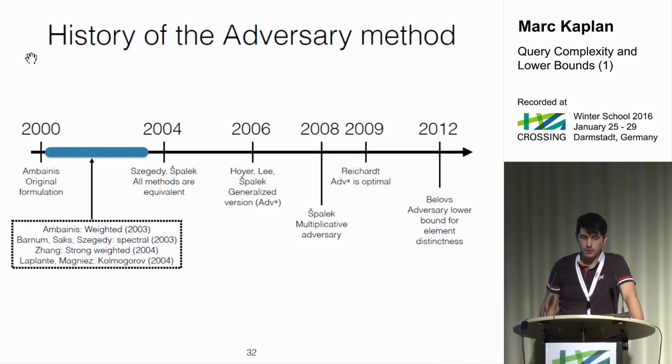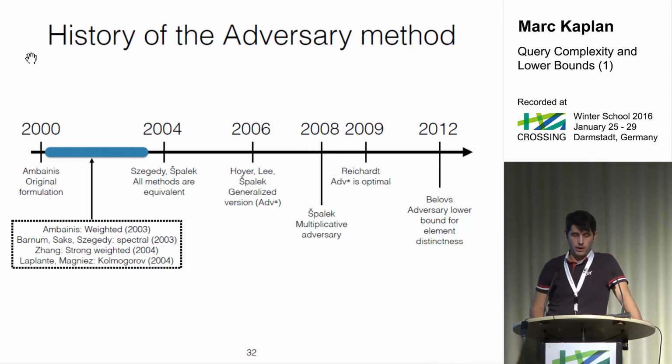I'm going to mention some of them in the second lecture. So, for example, you have the weighted version, spectral version, strong weighted, and even a method that is based on Kolmogorov complexity. So it seems completely different from the others.